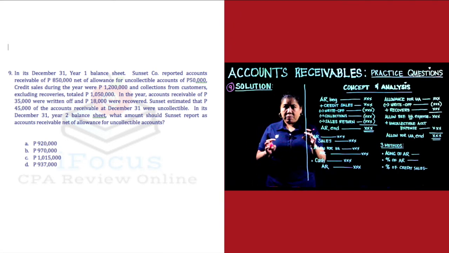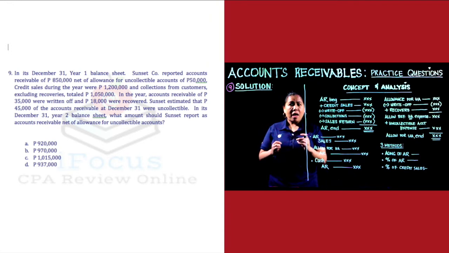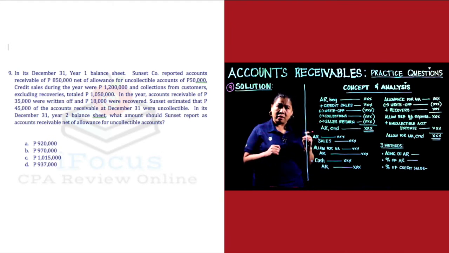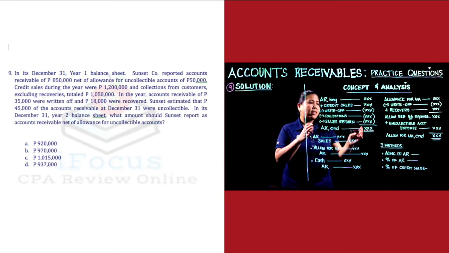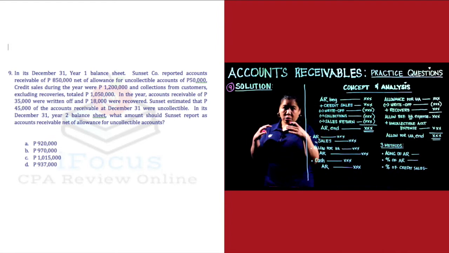So, ang hinahanap ng problem ay yung net realizable value ng accounts receivable or yung accounts receivable amount net of the allowance for uncollectible accounts. So, ang una natin gagawin ay titignan natin kung magkano ang accounts receivable ending at saka yung allowance for uncollectible accounts ending. And then, ima-minus natin yung dalawang amount na yon. Yun ang hinahanap ng problem natin.